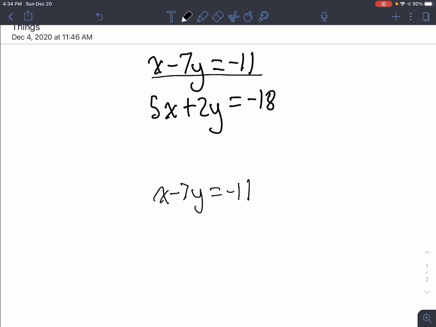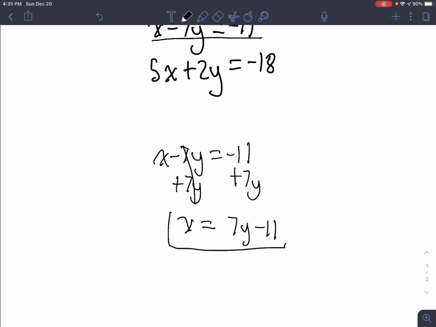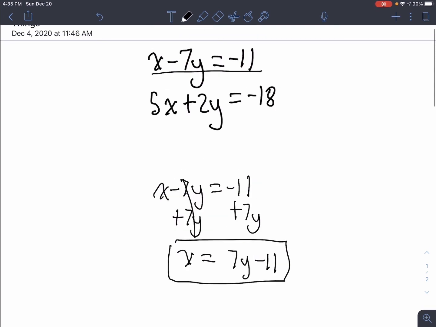Now we can find what x is equal to by adding 7y to both sides, right? Because then this cancels out, which results in x is equal to 7y minus 11. Now we know what x is equal to. We can substitute the value of x into each x variable.